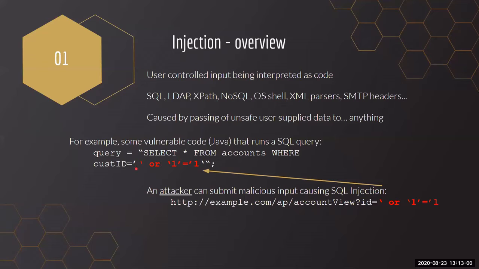The query you end up with is looking at the accounts table where cust ID equals apostrophe apostrophe, which is an empty string. Of course, that's not going to match anything, but it also says or '1' equals '1'. So that's just saying return all records from the accounts table where cust ID equals nothing or 1 equals 1.